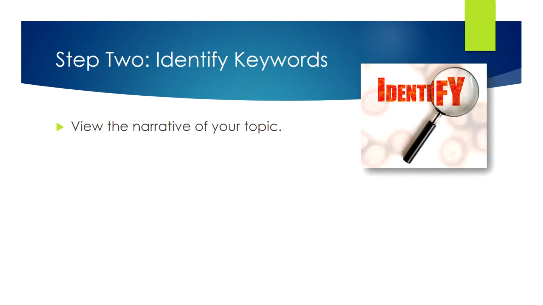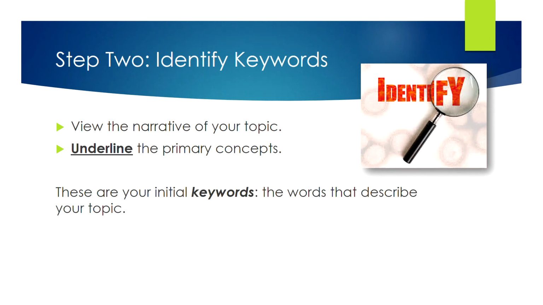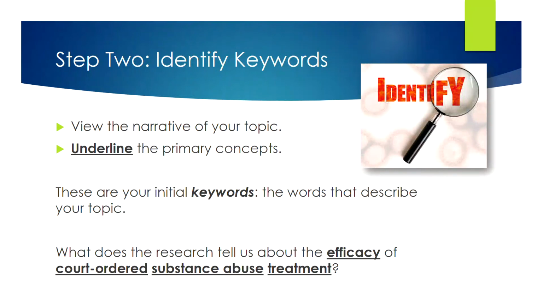To identify keywords, we're going to view that narrative that we just talked about, and then we're going to underline primary concepts. These will become your initial keywords, those words that describe your topic. So in this particular example, what does the research tell us? So none of those words really are the substance of the question. We're just basically saying, what are there articles out there about?